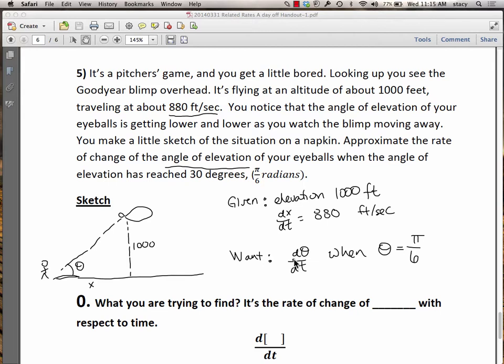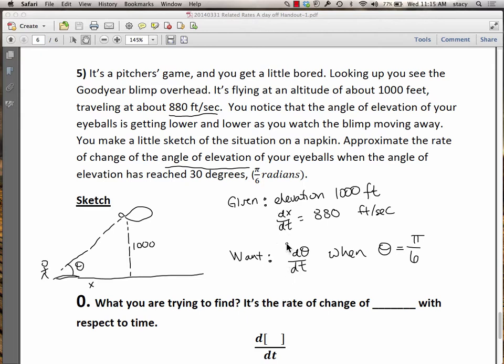So now we have to bring our own knowledge to the table. What do we know that can relate the corresponding quantities? So what are the quantities in this situation? X and theta, right? X and theta are the associated quantities to these two rates of change, dx dt and d theta dt.